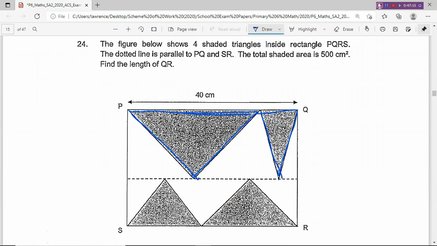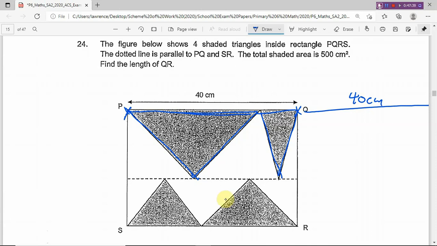Now I am going to combine these two shaded triangles into a right angle triangle. So the method here is to know how to draw a right angle triangle. I'm going to draw the base of the right angle triangle from one end to the other end of the other triangle. So it will look something like this, which is your 40 cm. That is the base of the right angle triangle.